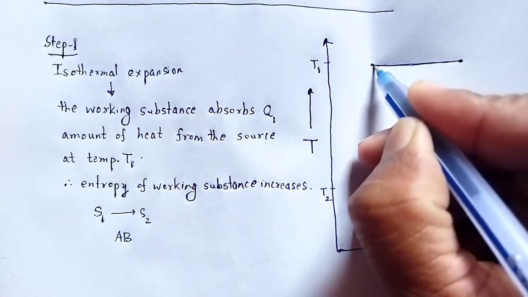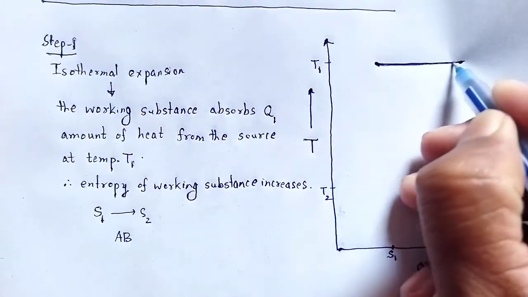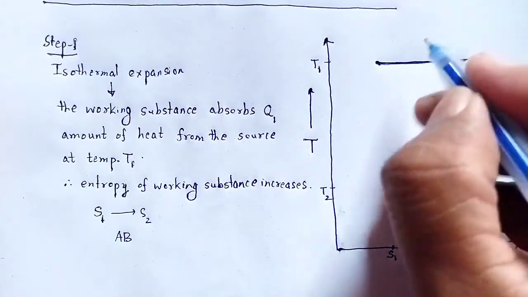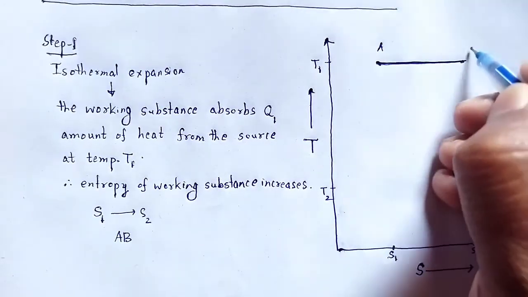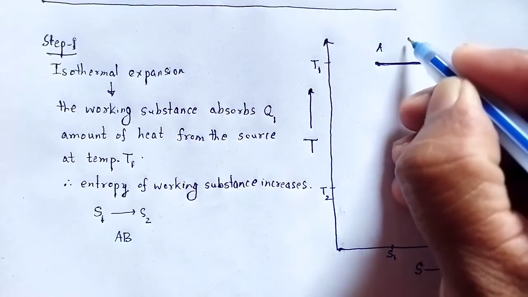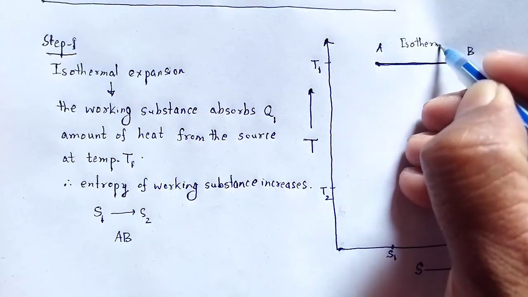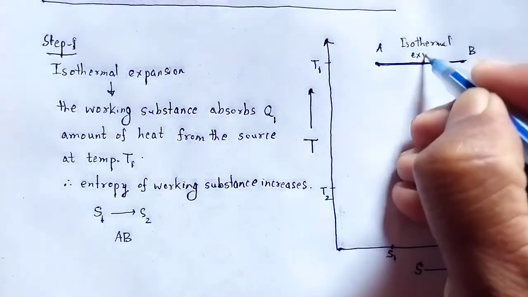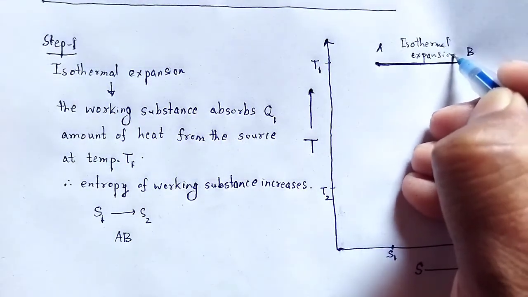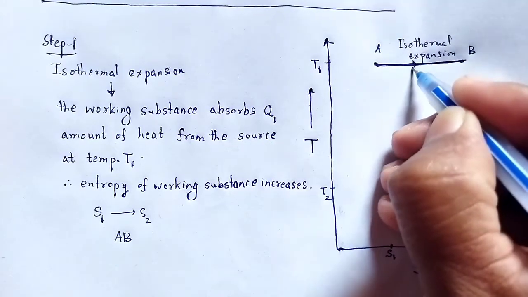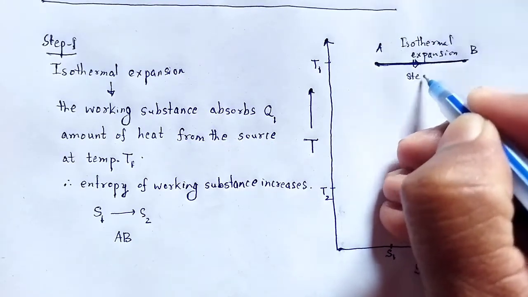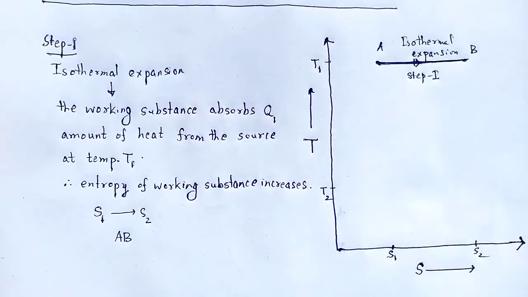That line segment AB represents isothermal expansion, and that is step 1.